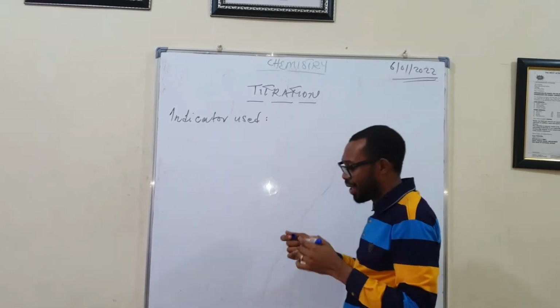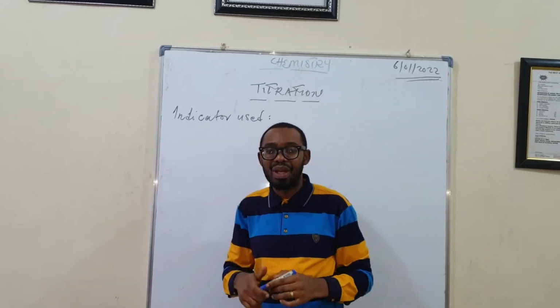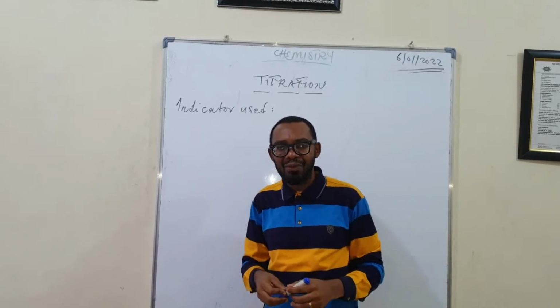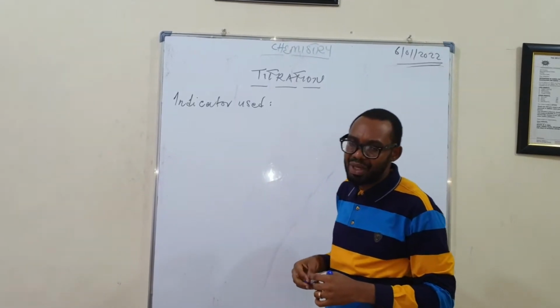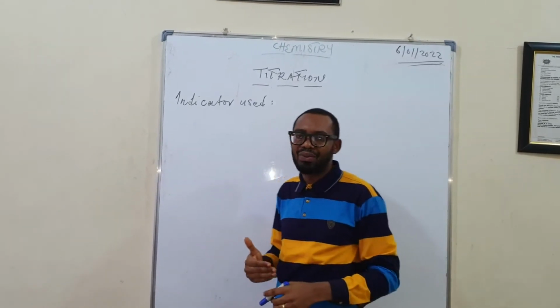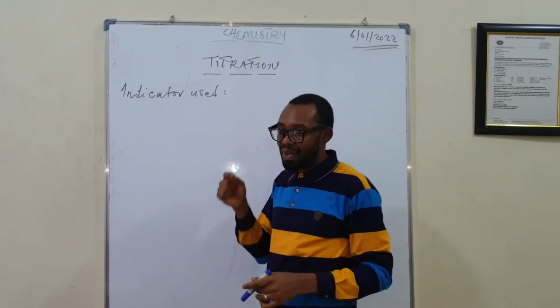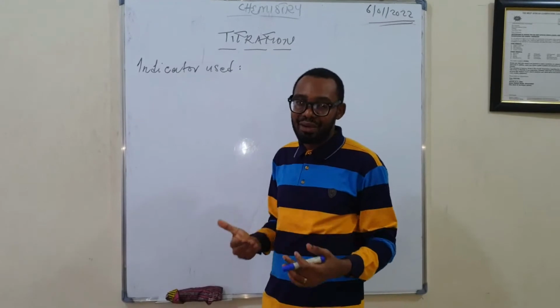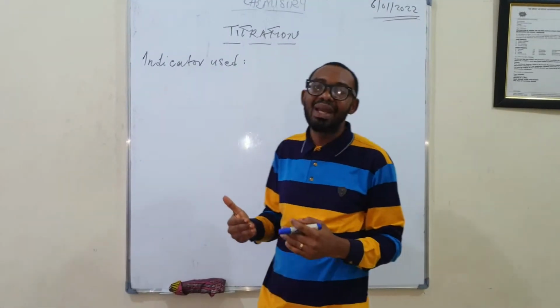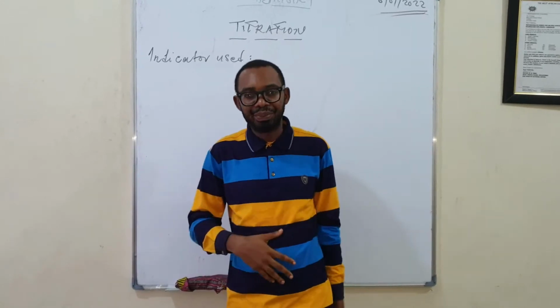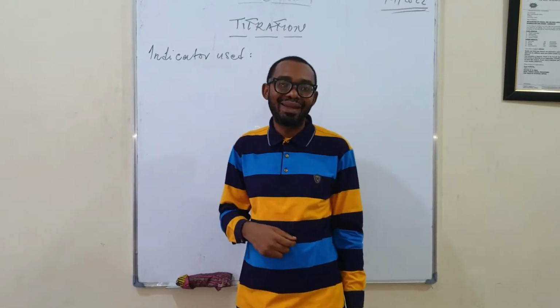For instance, there are different types of indicators that are normally used. We have methyl orange indicator, phenolphthalein indicator, methyl red, and so on. But any indicator to be used will certainly be stated in the question. If you are titrating a weak acid versus a strong base, you are expected to use phenolphthalein indicator.